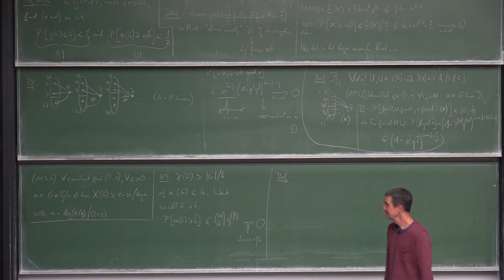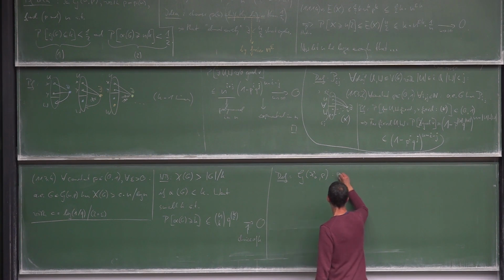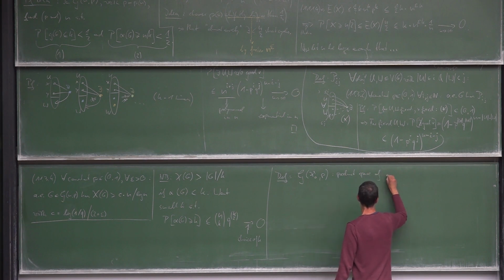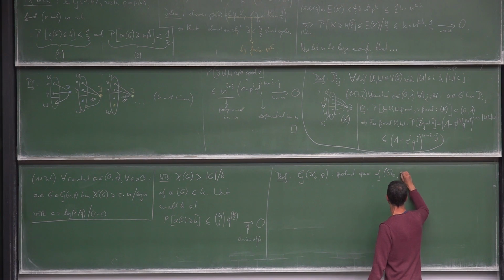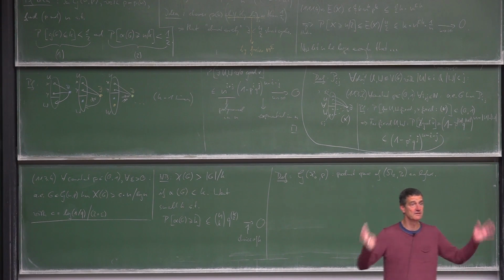So G(aleph naught, p), product space as before, exactly the same definition as G(n,p), except we have an infinite product now.